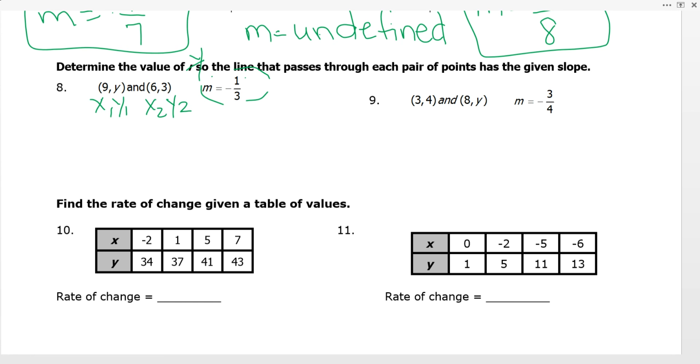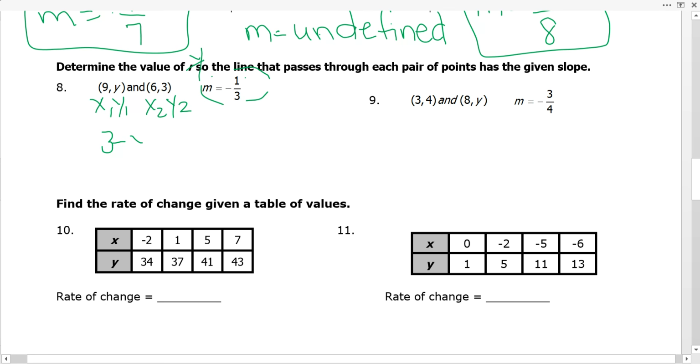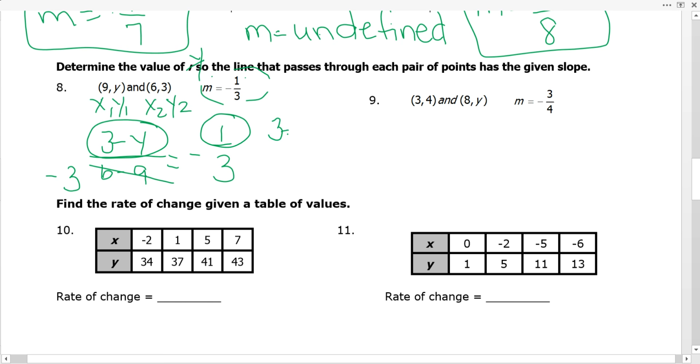And my y2 minus y1 is going to be 3 minus y over 6 minus 9. And that has to equal negative 1/3. So you might notice that 6 minus 9 is negative 3. So if this is already negative 3, then this has to equal 1. So 3 minus y equals 1.